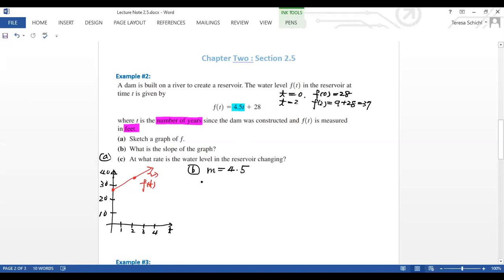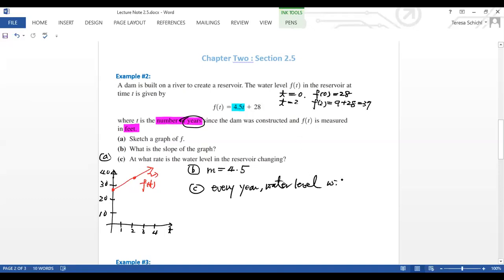Okay, so then part C, they say at what rate is the water level in the reservoir changing here. So remember, what rate do we say the level changes? Every what? Because x is year, so every year the water level, because the slope is positive, we say it increases.